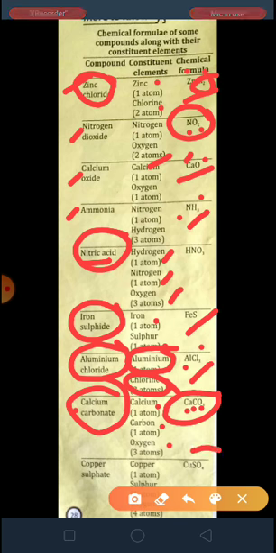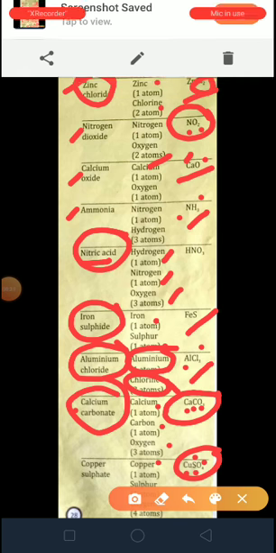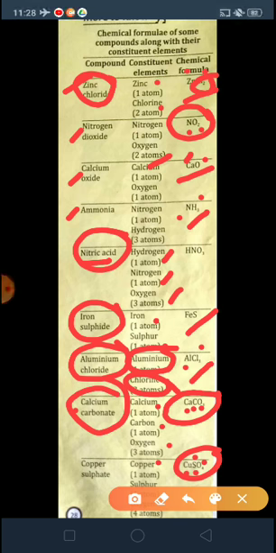Copper sulfate, CuSO4. Cu is the symbol of copper, S is the symbol of sulfur, O is the symbol of oxygen. One atom of copper, one atom of sulfur and four atoms of oxygen form one molecule of copper sulfate.